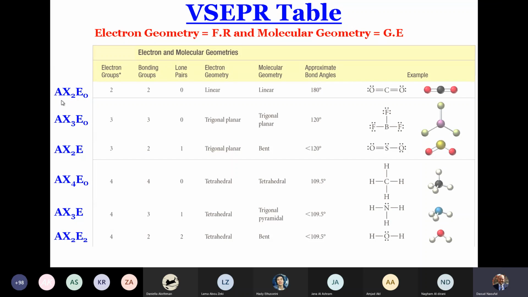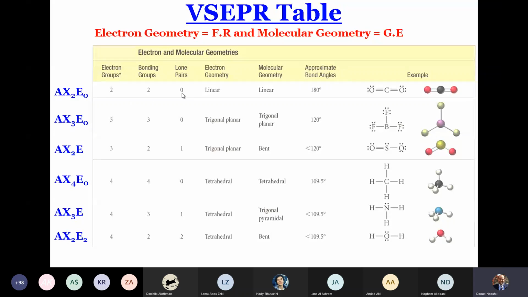Suppose I have a structure of the form AX2E0. That means around A I have two outer atoms, and the bonding pair is 2, since I have two outer atoms.